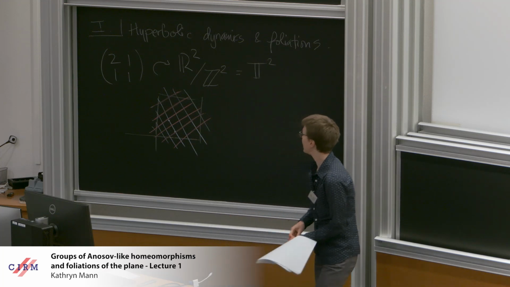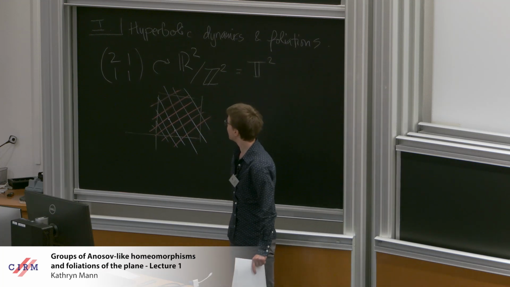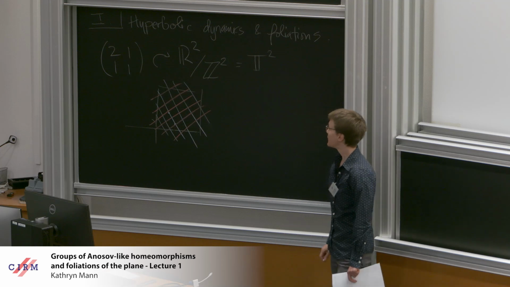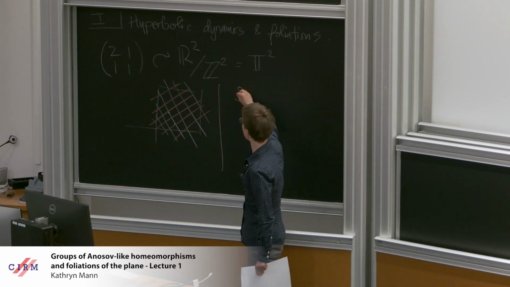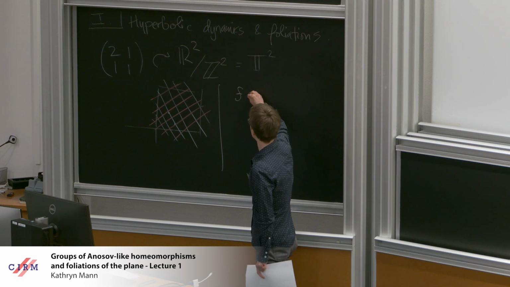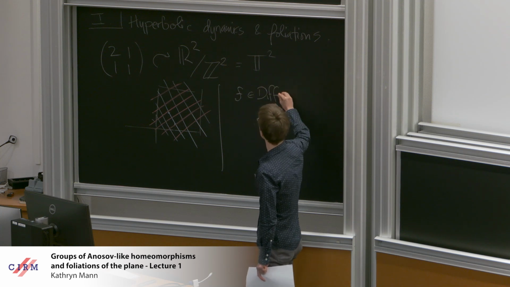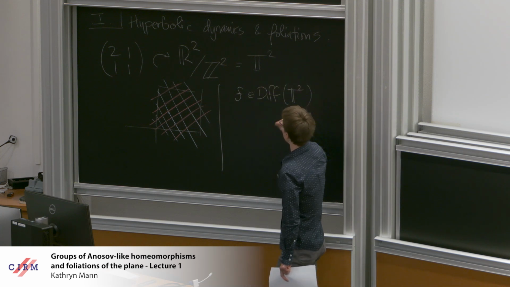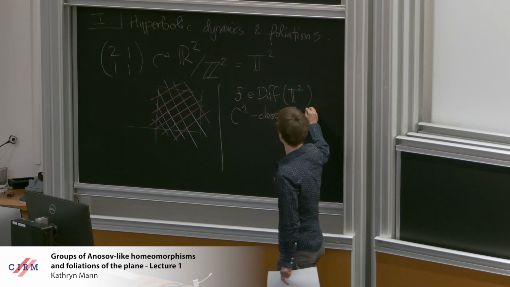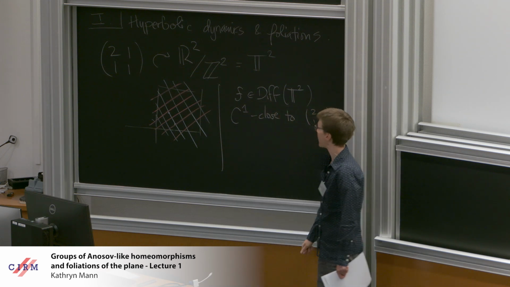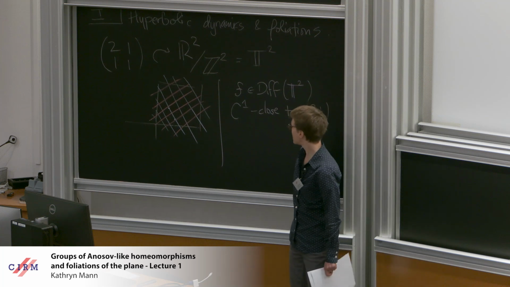Okay, and better than this, I could perturb this map a bit. So if instead I take some diffeomorphism F of the torus that is C1 close to this linear map, well, what does it mean to be C1 close?